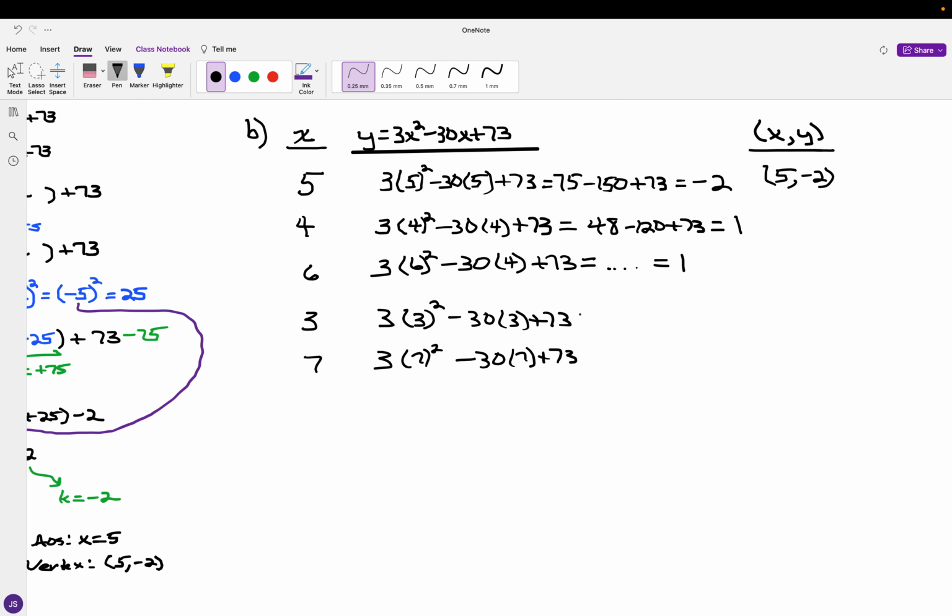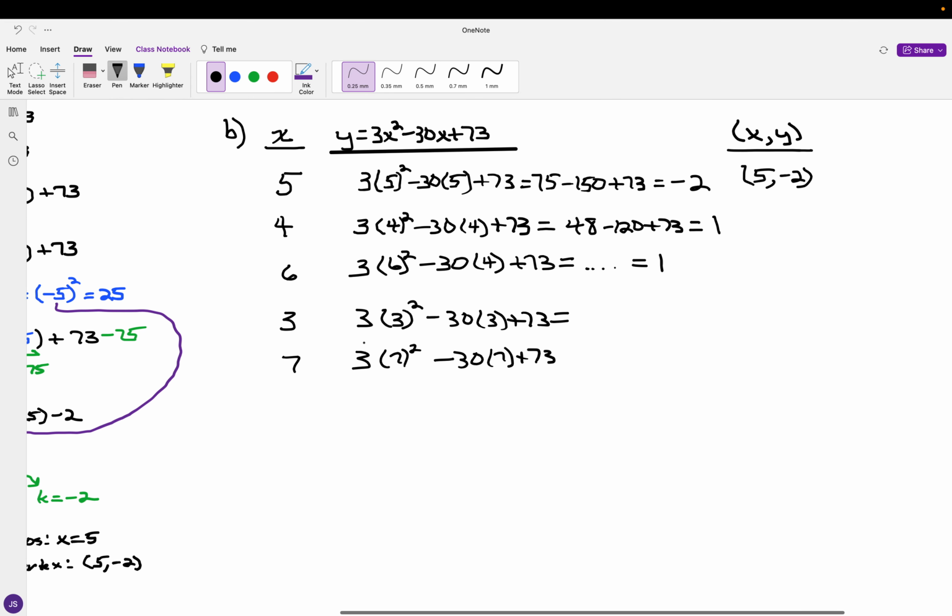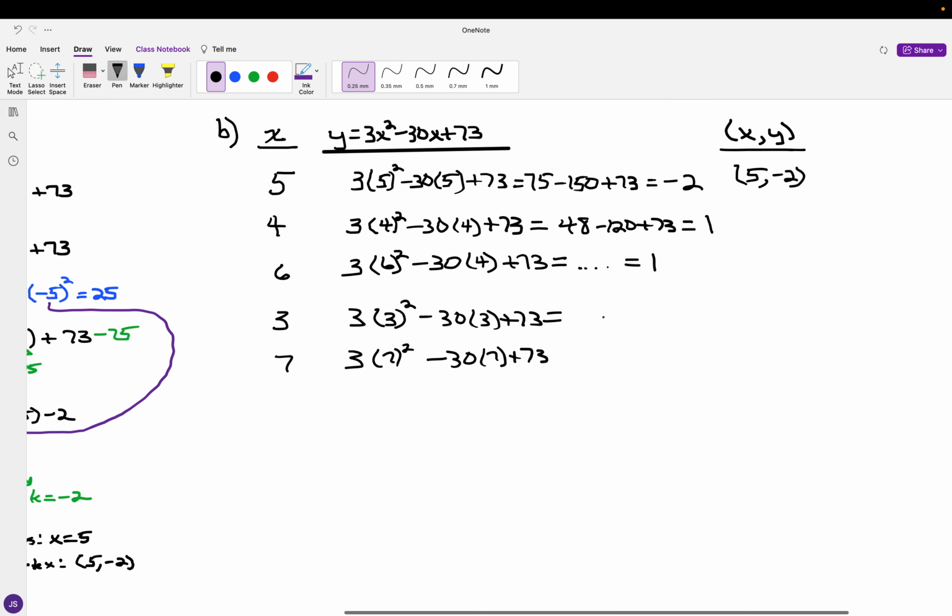We'll just take 3 times 3 squared, so that'll be 27, and we have negative 90, and we have plus 73. So 27 minus 90 would be a negative 63, followed by the addition of 73, so it would come out to 10. And for 7, you're also going to come out to 10 itself.